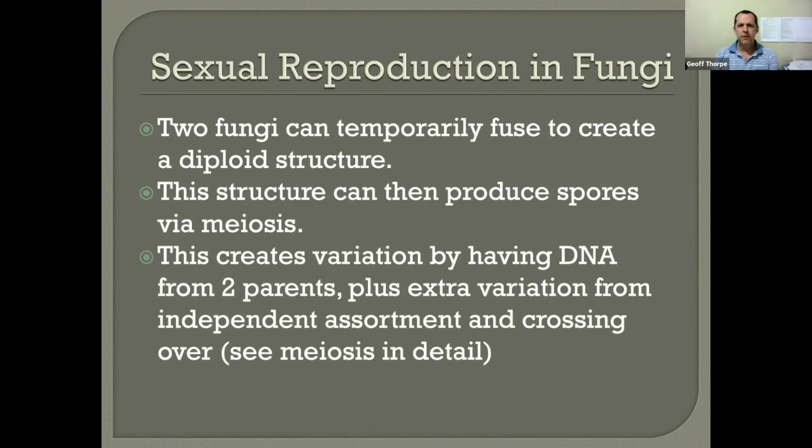So what about sexual reproduction in fungi? Two fungi can temporarily fuse to create a diploid structure. This structure can then produce spores via meiosis. We'll pause there and take a step back and ask, why can't the haploid structure produce spores via meiosis? Well, it has to be diploid.